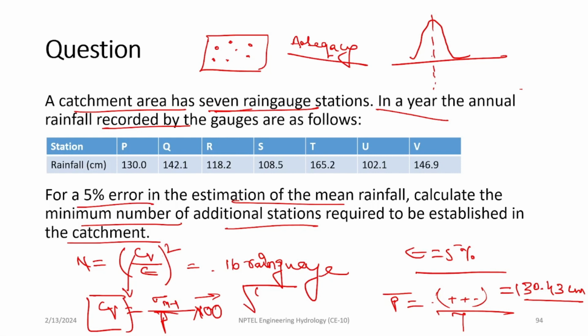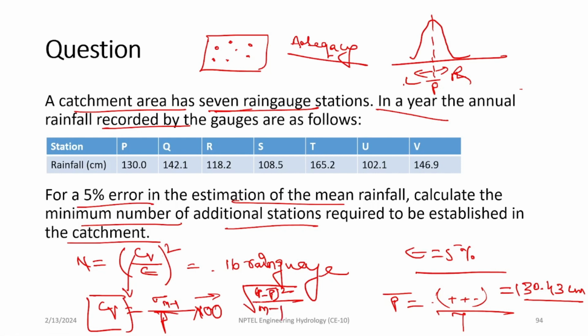So the mid of this, you can say it is the mean value, P bar, and how the other values are deviating from here to here, left or right. So definitely, since we are considering the deviation, the formula will be P minus P bar, to the square, divided by m-1, the number of stations.